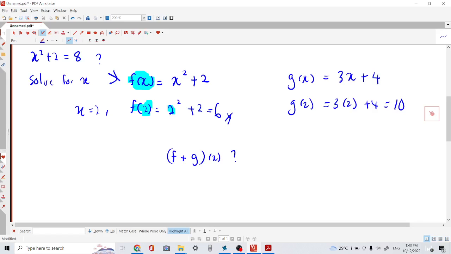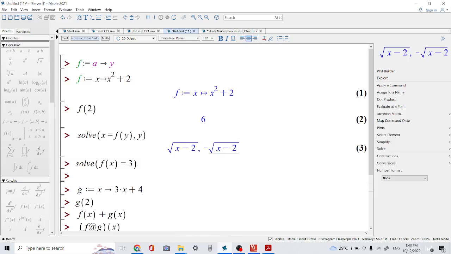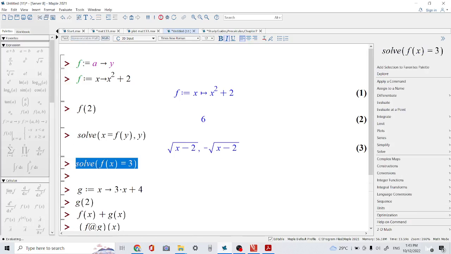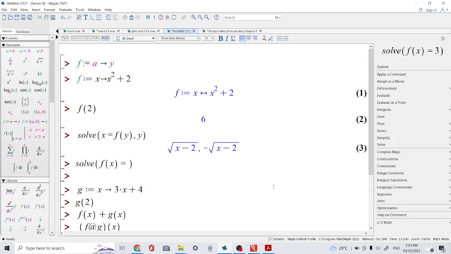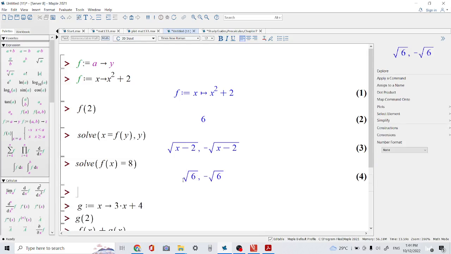How to do that kind of question? You just type this one: solve f(x) equal to 8. Alright, so we will have two answers for x, because when squared, we will have two answers, positive and negative.